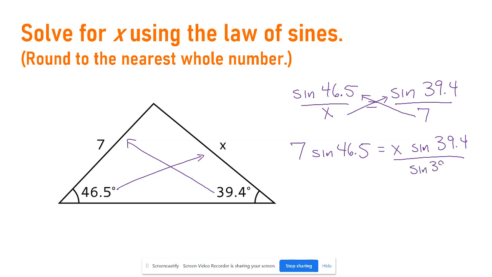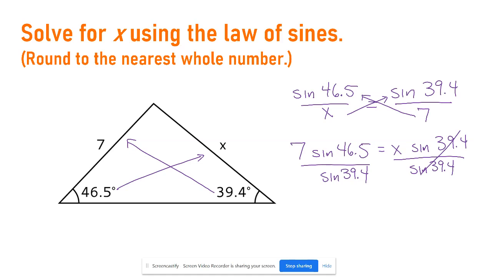And it's very important you divide by that whole thing, sine of 39.4. Don't just divide by 39.4. Divide by the whole thing. All right, so those cancel out. So I've just cross multiplied just like you would cross multiply in middle school to solve a similar triangle problem or something like that.